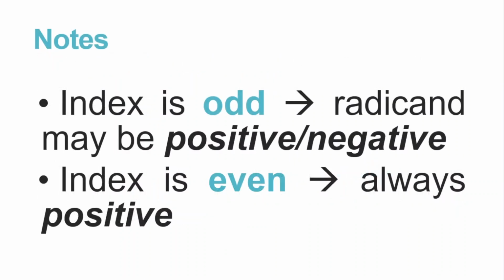So if the index is odd, the radicand may be positive or negative. It depends. And if your index is even, that will always be positive.